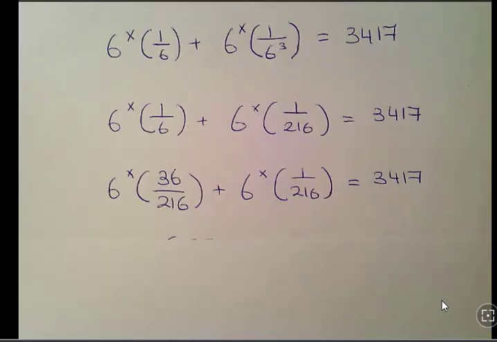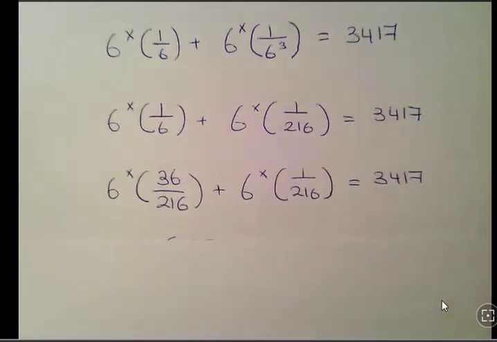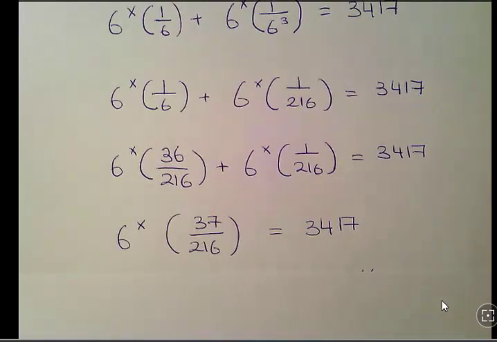Get a common denominator and add the two numbers: 36 over 216 plus 1 over 216 is 37 over 216. And so 6 to the power of x times 37 over 216 equals 3417.